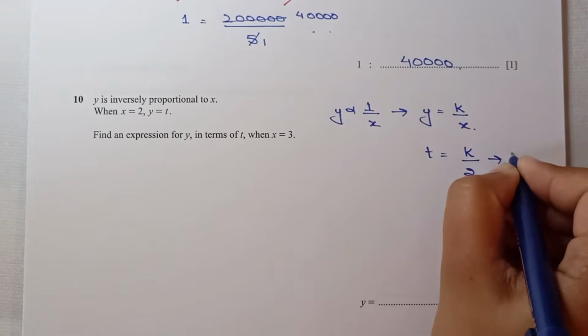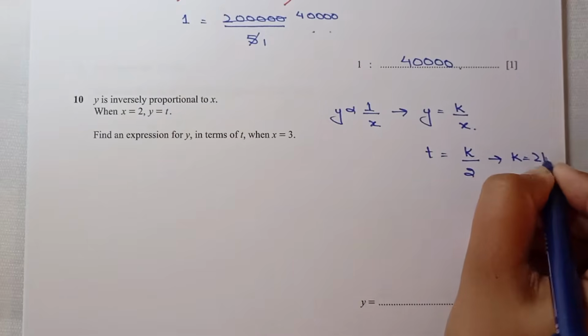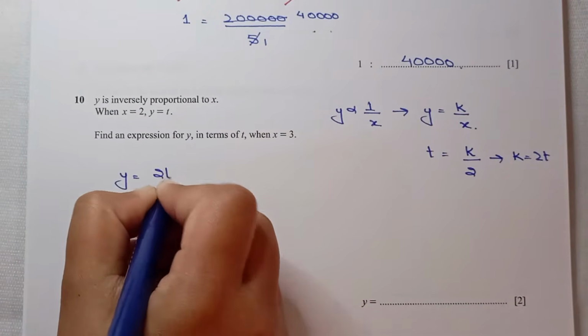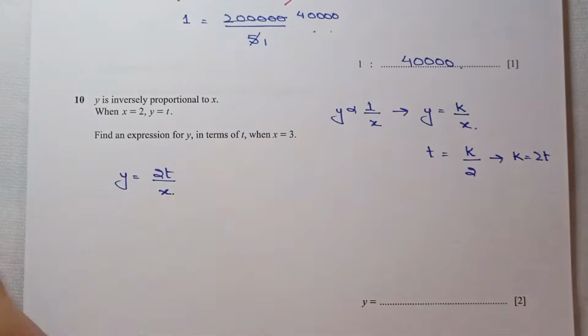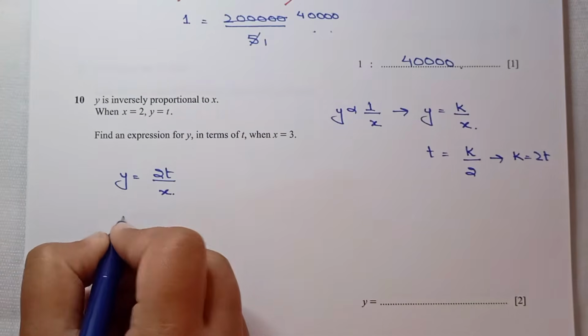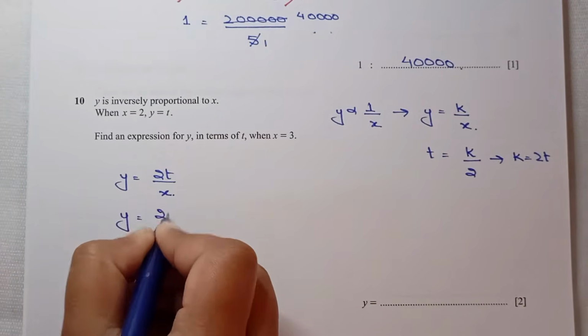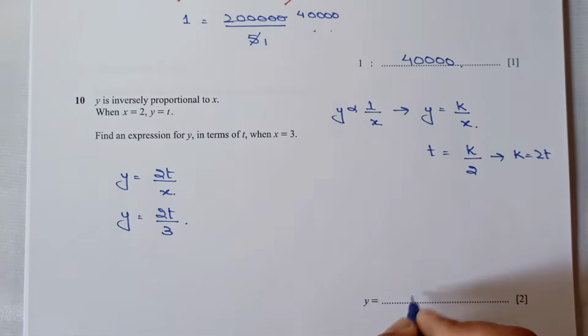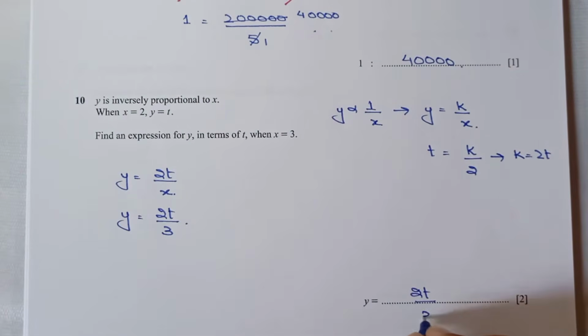So from here k is equal to 2t. So we have y is equal to 2t over x. This is the formula. Find an expression for y in terms of t when x is 3. So y would be equal to 2t over 3. This is the expression, 2t by 3.